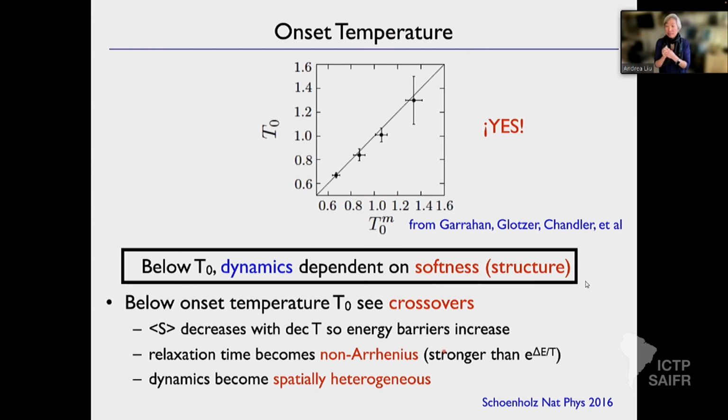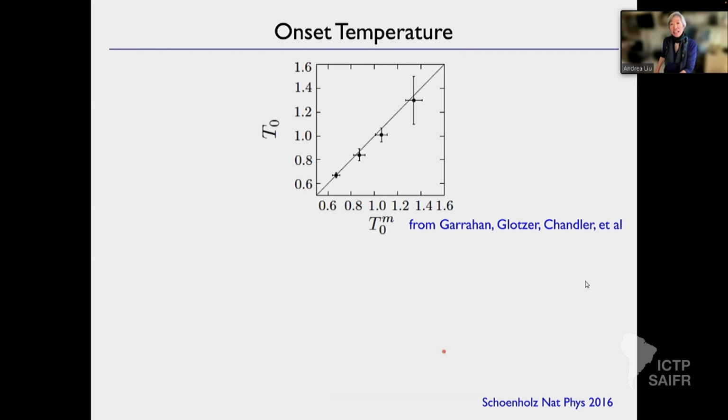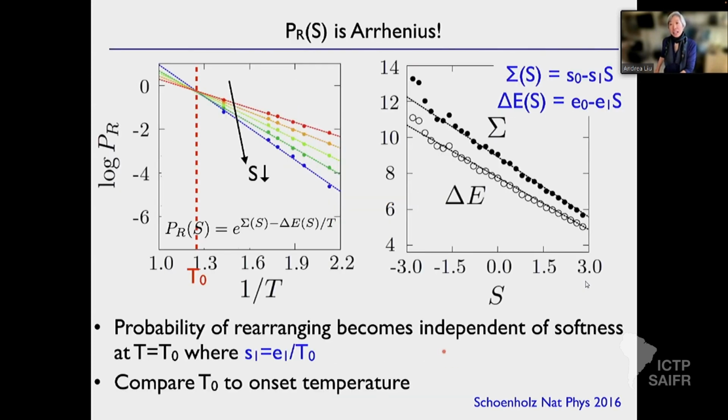Okay, we have one more question. Could you please revisit the fundamental physical aspect behind why the dynamics start to depend on softness only below T0? So I just say this is a discovery, and we wouldn't have known this to begin with. But it suggests a picture.